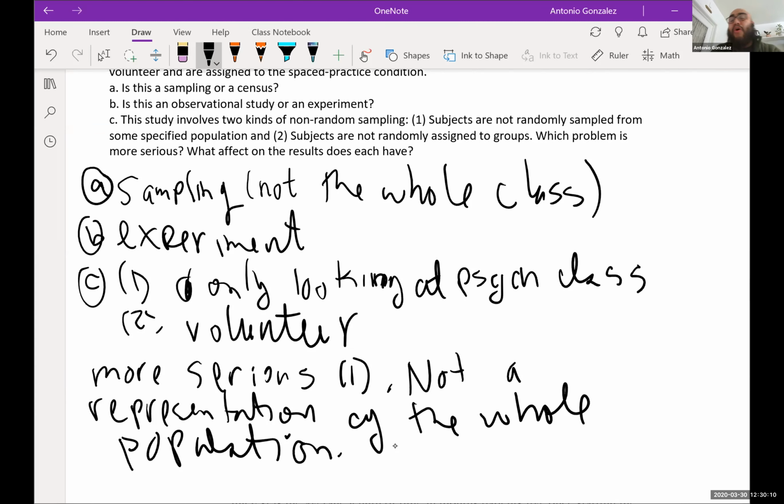Both of those are biased, but here we're talking about a bigger bias.